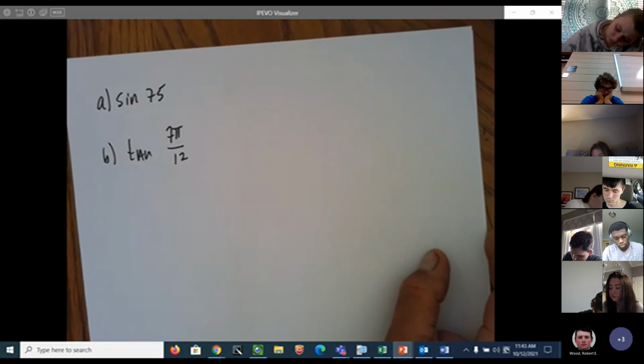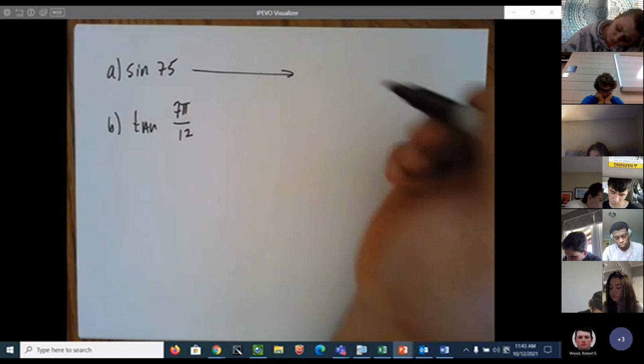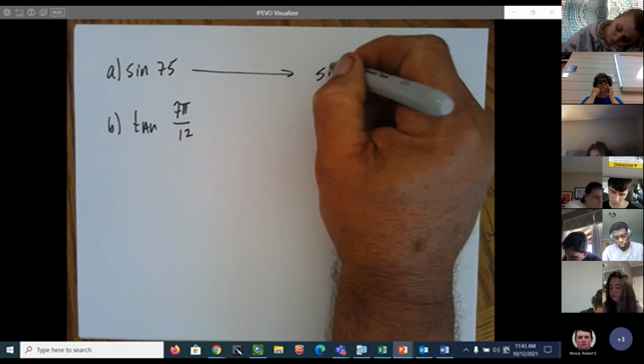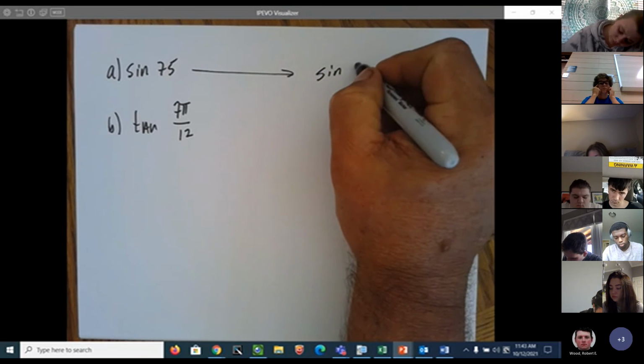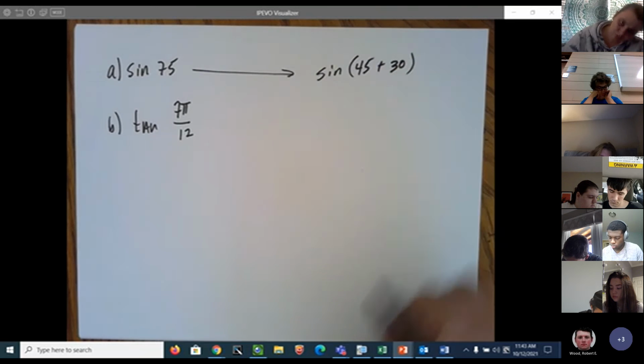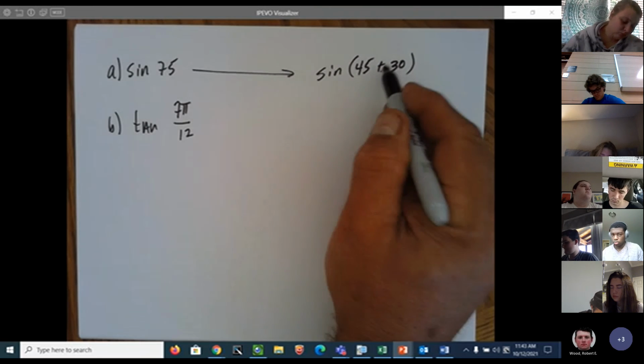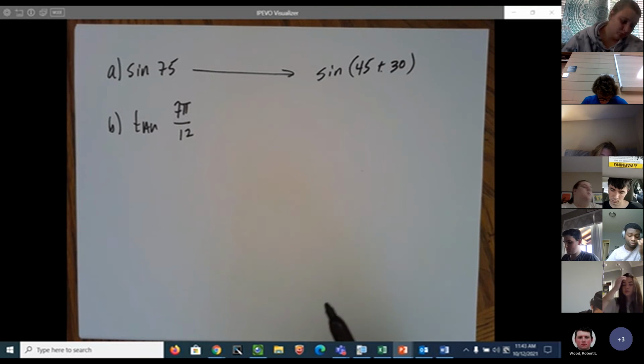As I said, the first one, A, I'm going to use the sine of 45 plus 30. And that'll give you sine, cosine, and remember, the plus carries plus cosine, sine.